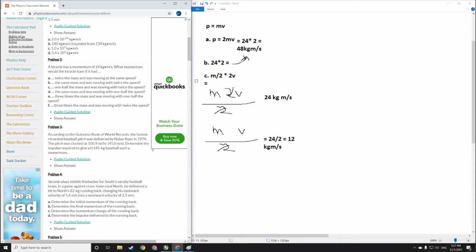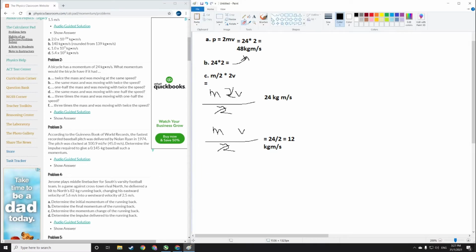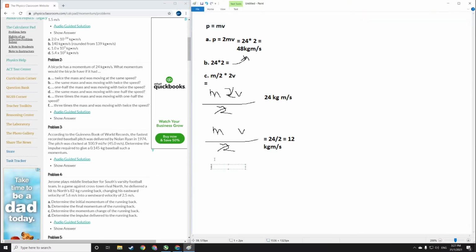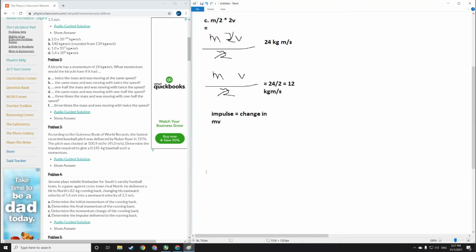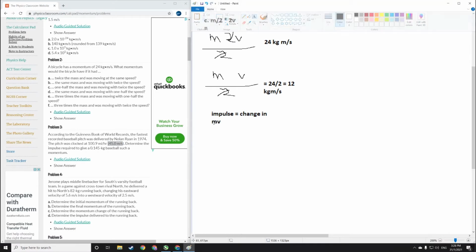Okay, now we already know that the impulse is equal to change in mv. I don't have exactly a delta sign, so I'm just writing change. And so we know now the pitch was clocked at 45 meters per second. So our final velocity, which is v, is going to be 45 meters per second.